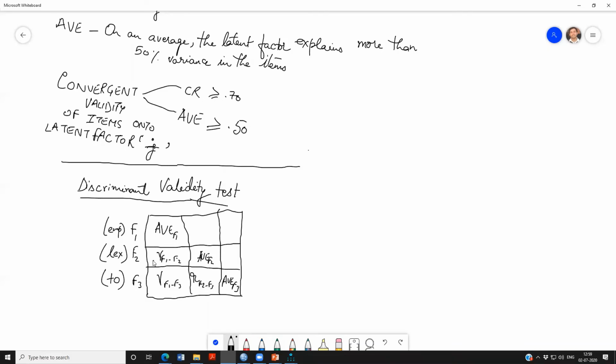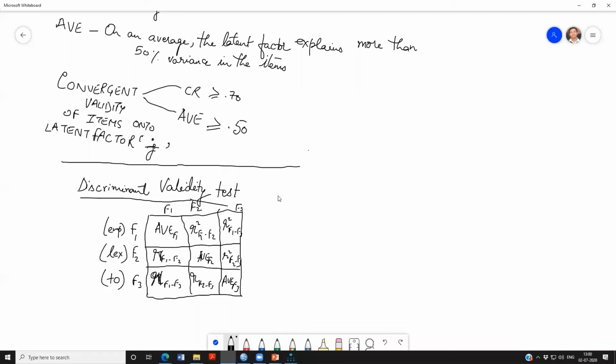So these are all correlations. Above the diagonal, we take the R square of the correlations. So it will become R square F1, F2; R square of F1, F3; and R square of F2, F3.